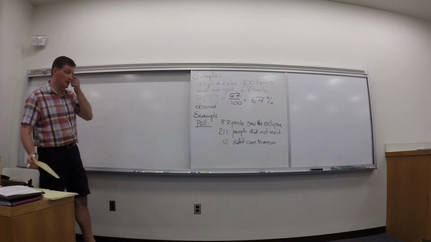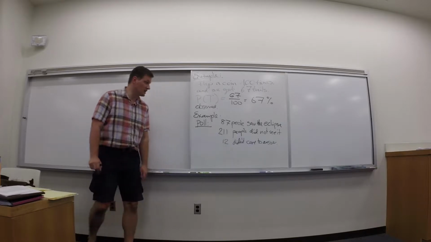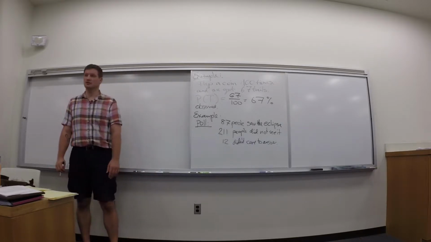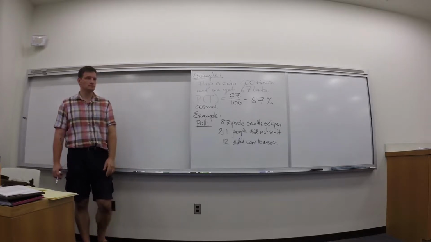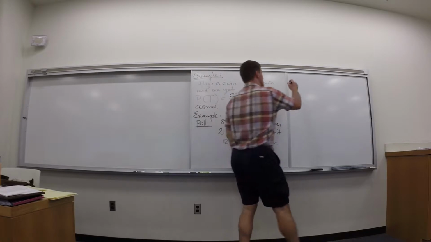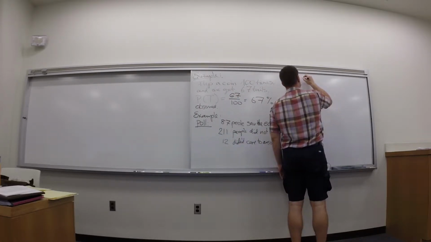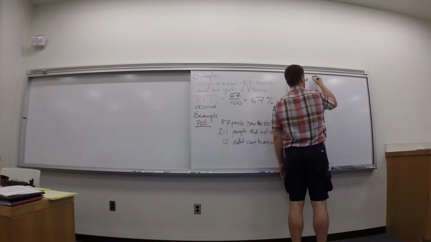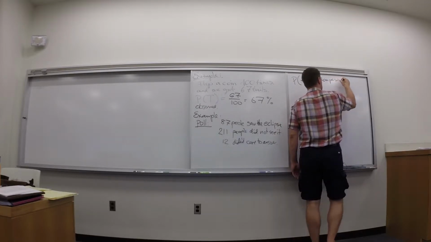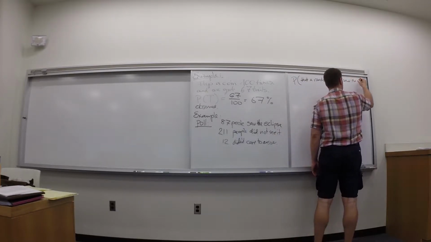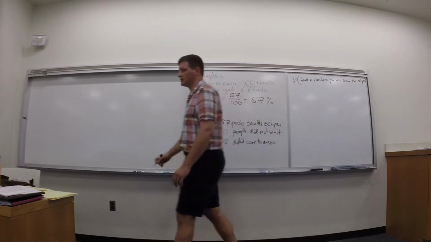So we have a poll, and 87 people saw the eclipse, 211 people did not see the eclipse, and 12 people didn't care to answer the question. And I'm asking you, what's the probability that a random person saw the eclipse?